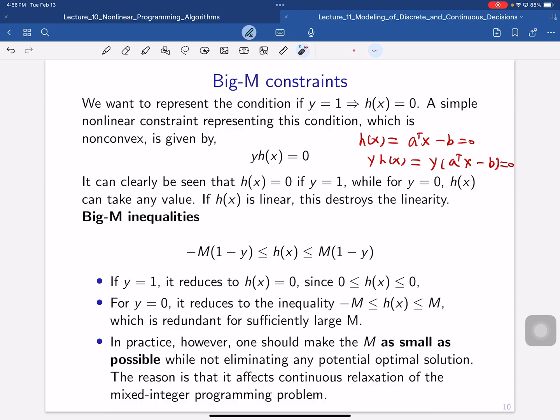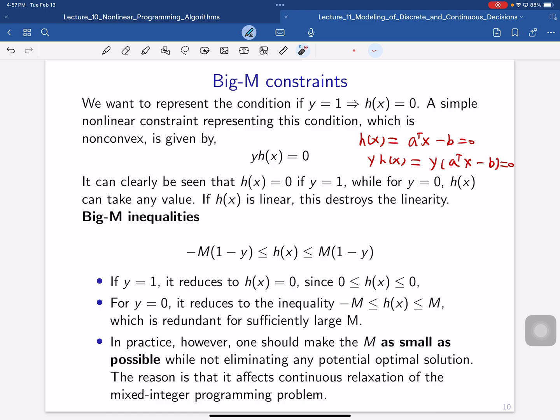On the other hand, if y equals 0, then this reduces to h(x) being between two big M parameters, right? This trivially holds, because if you pick a sufficiently large big M parameter, then this is still a valid constraint. What does it mean to be sufficiently large?